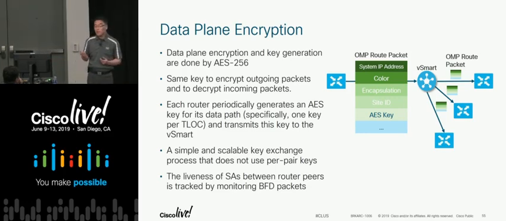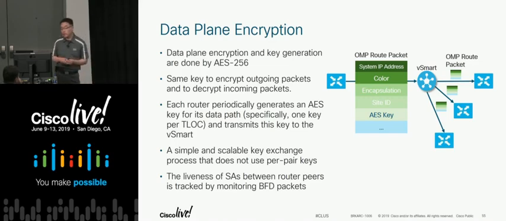And the key is generated on a per-TLOC basis, so per tunnel basis. And the vSmart is going to advertise this key, in the OMP route packet, to all the vEdge or the XE SD-WAN routers which are part of the fabric. So this is a very simple and scalable way of doing the key exchange. And the liveness of that security association is monitored and tracked by the BFD packet.